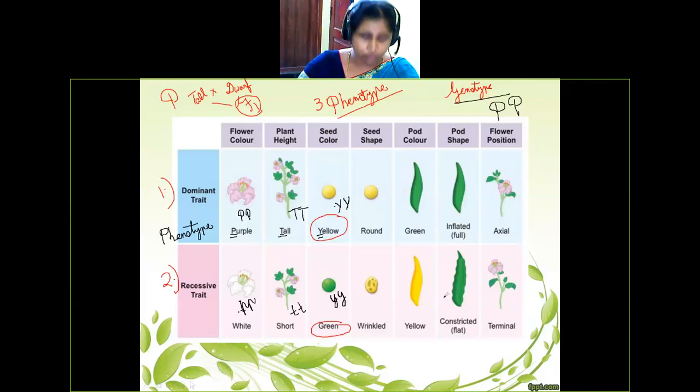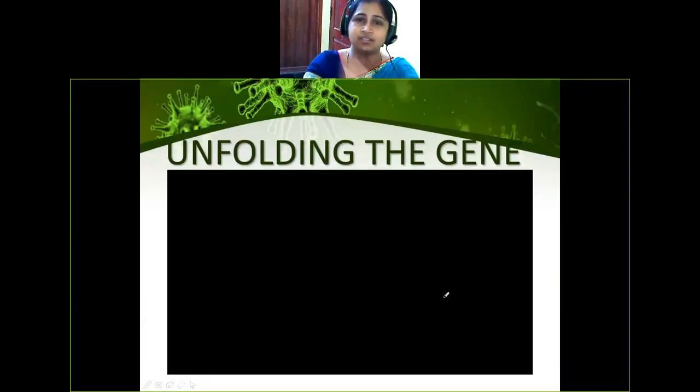Okay, so now we'll move to the next one. A very interesting thing. I'm going to show you now. Just observe. Here, unfolding the gene. I'm going to bring out the gene from the cell. Just stay with me. A cell, we all know the simple structure of the cell. I'm just drawing a rectangular structure of a cell. In the cell, there is a nucleus.